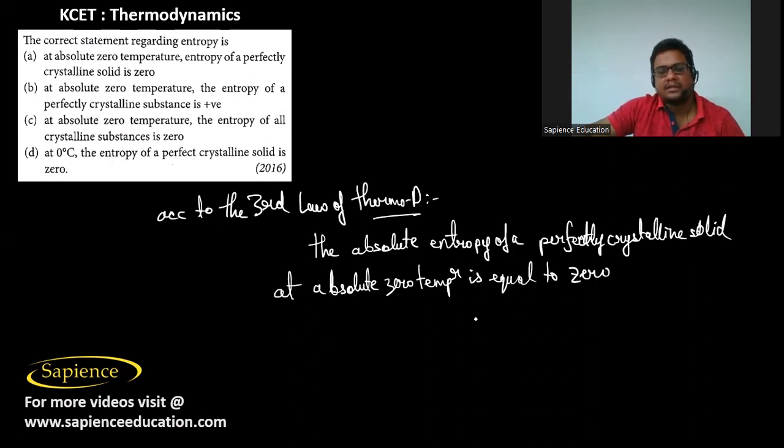So it means the absolute entropy of a crystalline solid at 0 Kelvin will be equal to zero only.